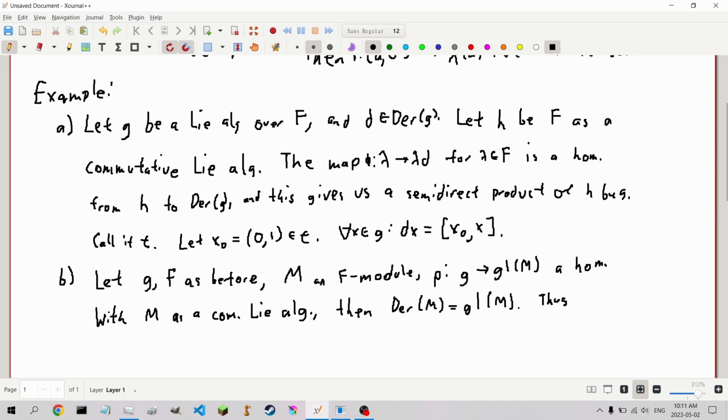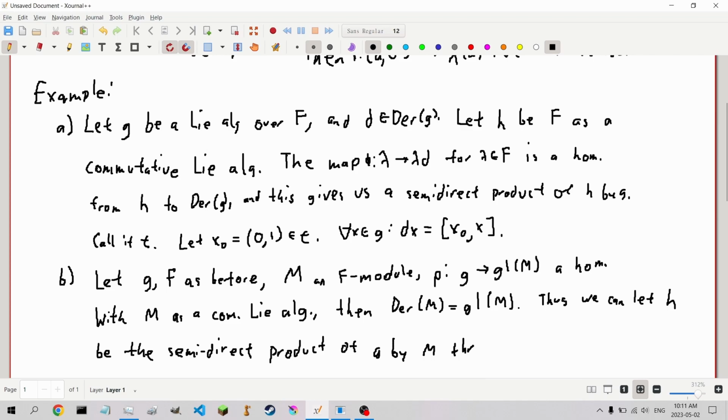Thus, we can let H be the semi-direct product of G by M through our map rho from above.